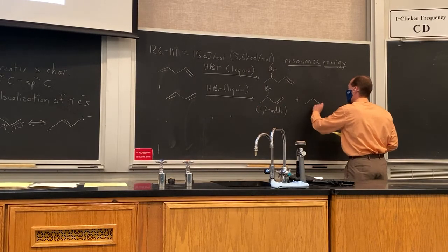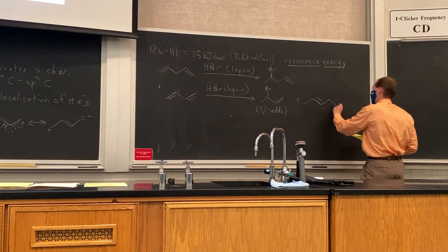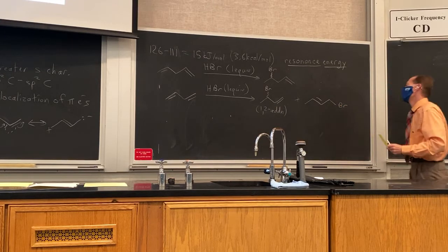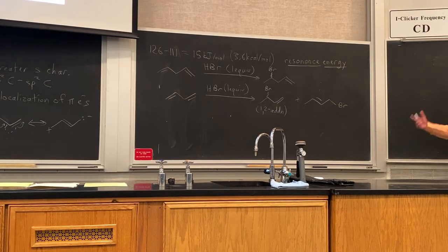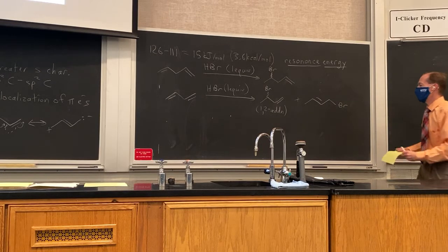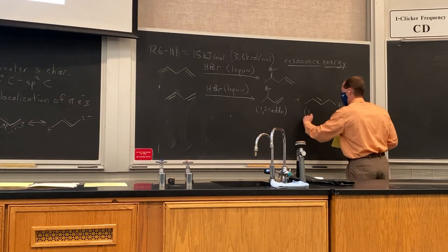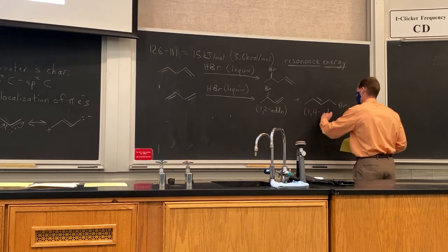But the other product that is obtained has the proton and the bromine on the ends of the molecule. And so this is known as the 1,4 addition product.